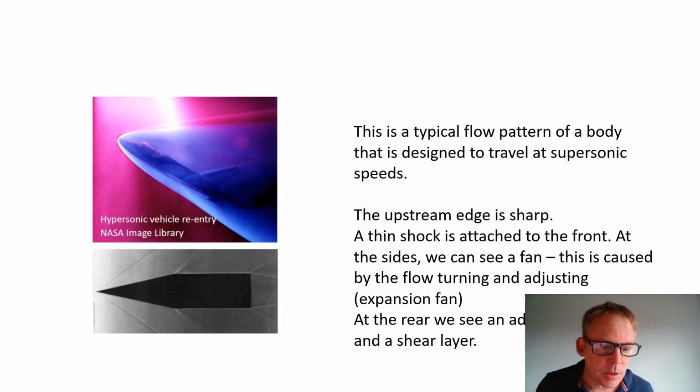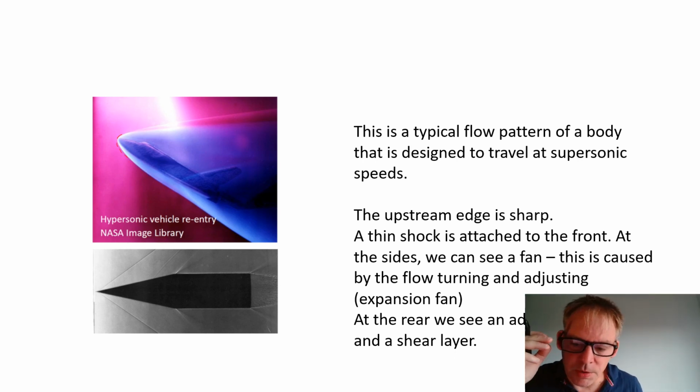This is a picture of re-entry aircraft. Usually they go Mach number 20, 25, and the presence of the bow shock is quite important for generating drag on the craft itself, and what it leads to is enormous dissipation of heat.